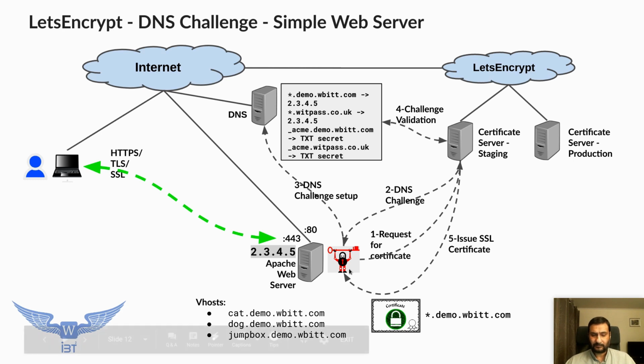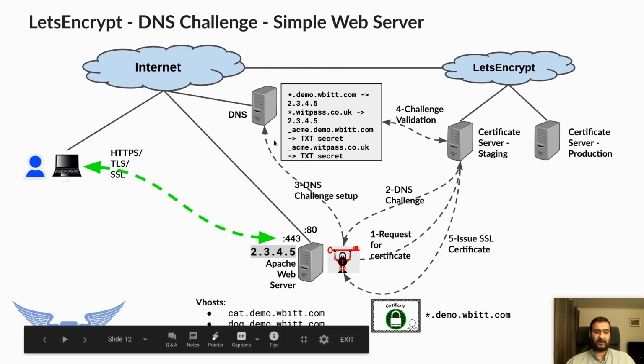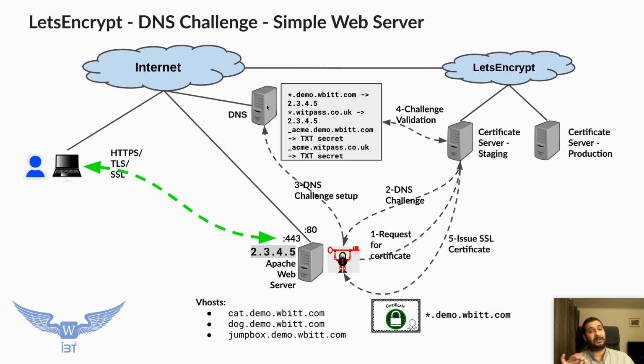So the question is how certbot writes or creates this record in DNS. That happens by providing extra information to certbot, and that extra information is the credentials of the DNS server. So in my case, demo.wbitt.com is actually hosted on AWS Route 53, and I have created a low privileged IAM user to manage the Route 53 domains or zones I have.